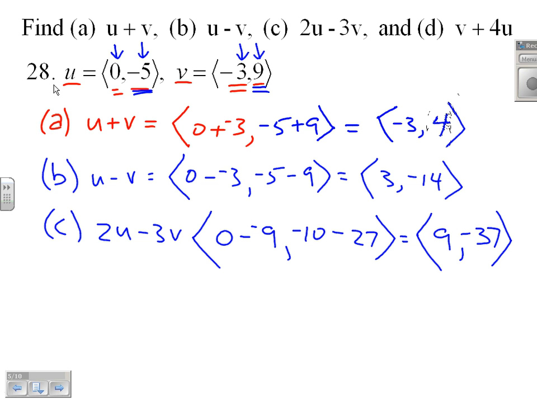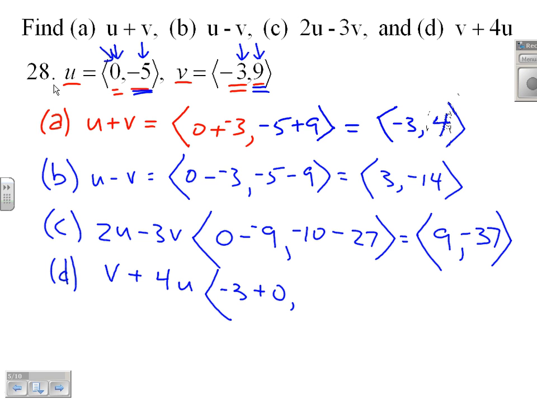And for D, again, exactly what you should suspect here. When we take vector v first and then add to it 4 times vector u, I get vector v's x component, negative 3, plus 4 times u's component, 4 times 0, 0.